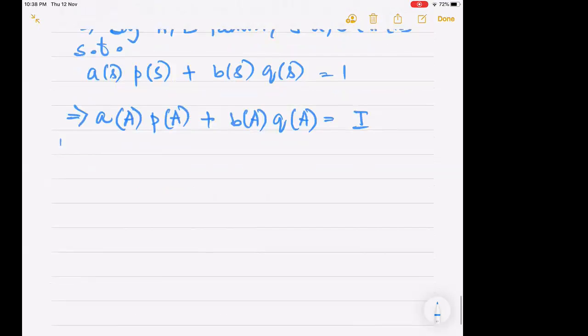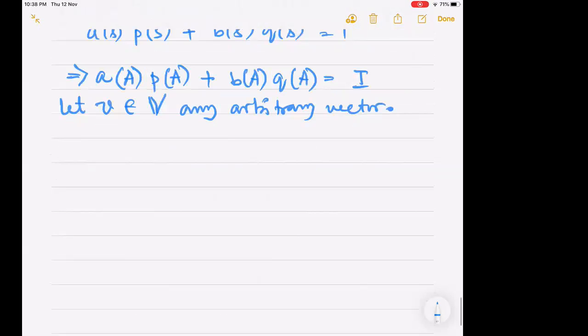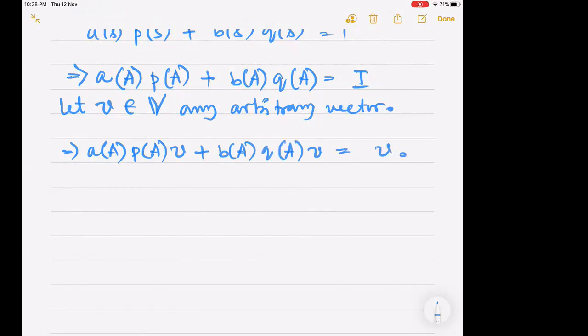Now let v be any arbitrary vector in V. Making both sides of this identity act on v, on the left hand side we get A(A) P(A) v plus B(A) Q(A) v, which must be equal to v. Then we are going to define this vector as w1 and this vector as w2.